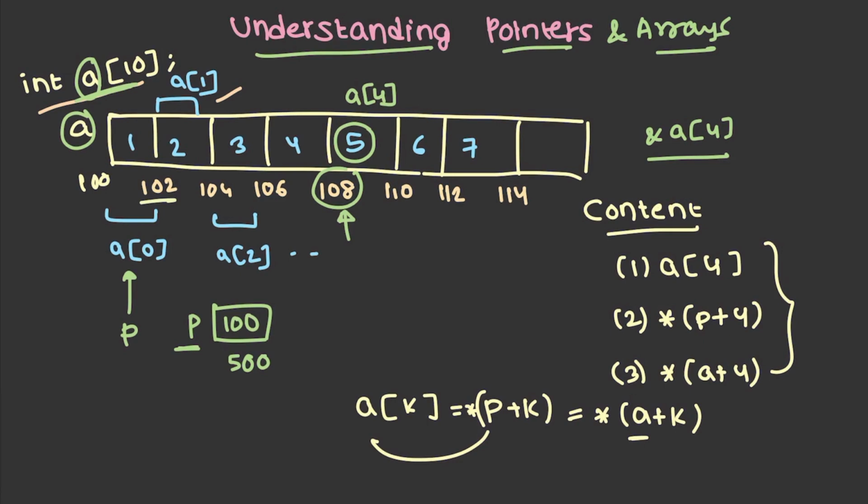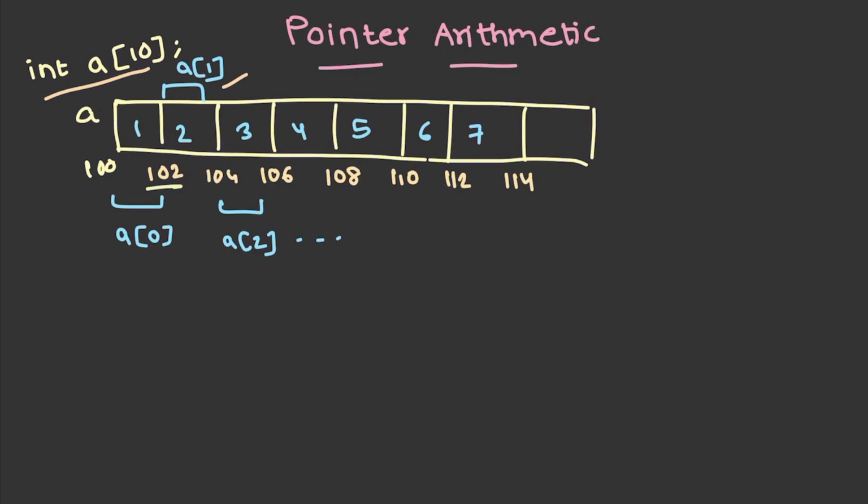Now I think you have got a clear idea to understand pointers and arrays together. Now let's try to understand pointer arithmetic. I have declared 2 pointers, suppose P and Q, and I want to point P to the first location, which can be done with ampersand A of 0. This actually gives me the starting address, or it can even be given by A directly if A is an integer array.